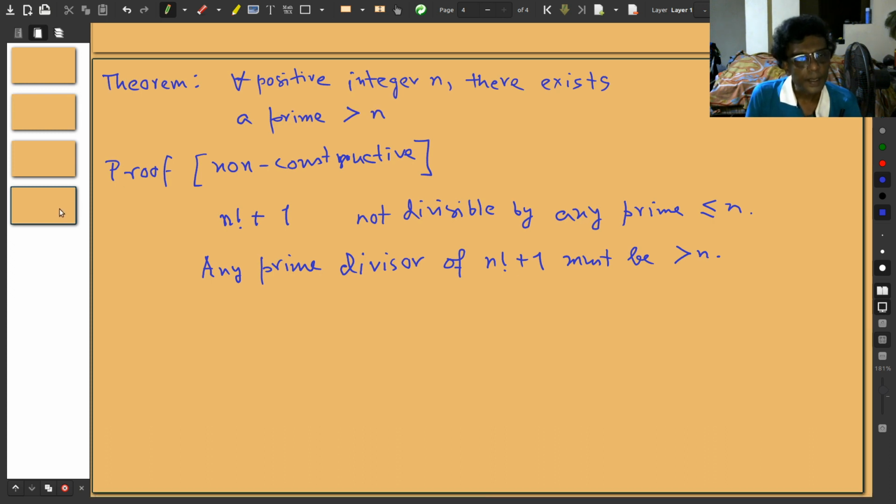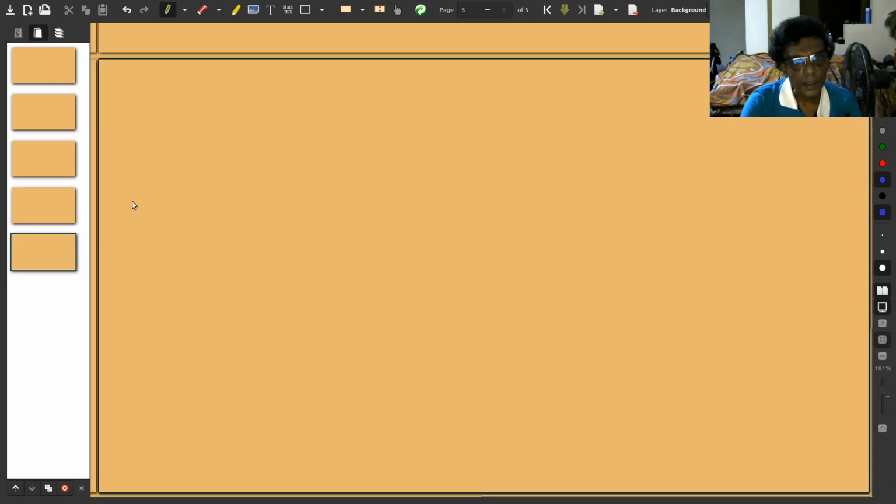Okay, then I show another general proof technique. This is called proof by cases.